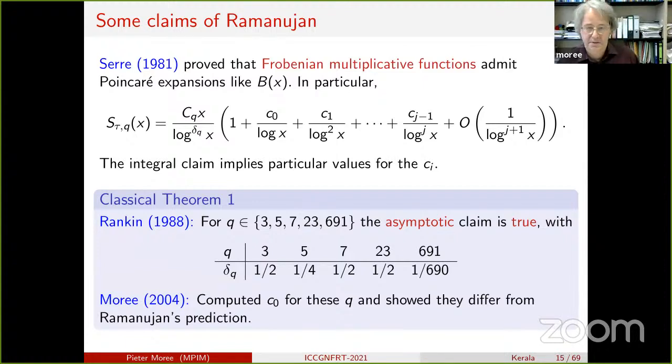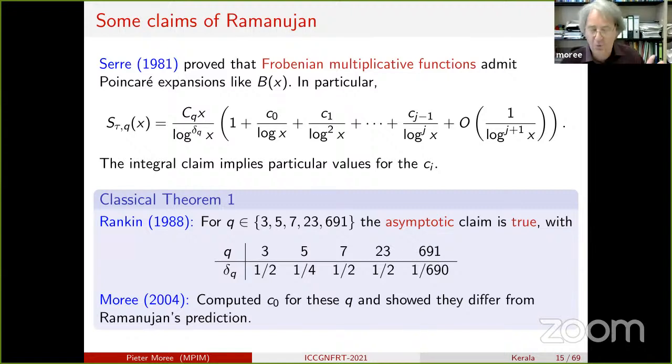There is this type of situation where you ask a Fourier coefficient to be divisible by some prime q. That was studied by Serre using analytic representation theory, so it's quite deep mathematics involved.